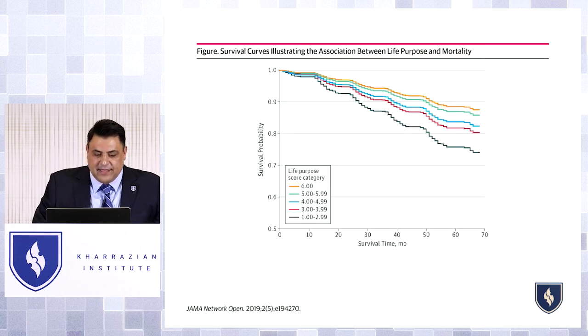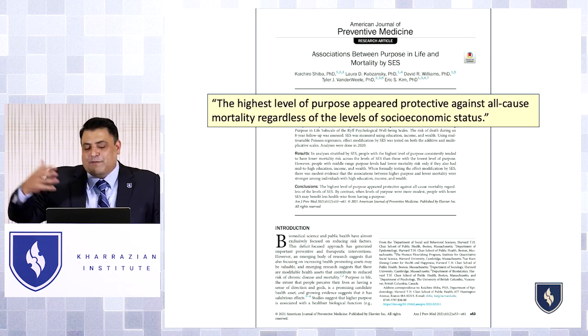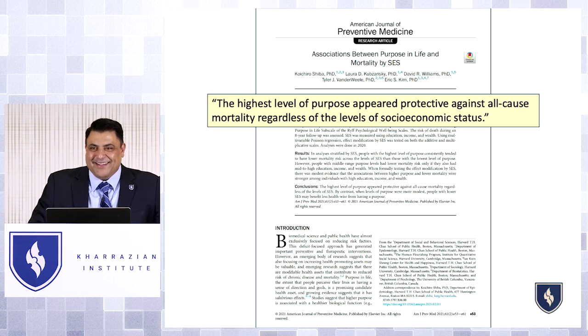They looked at how strong their sense of purpose was, and they looked at survival probability and survival death, and they basically found the ones that had the highest sense of purpose in life are the ones that had the greatest longevity and the least all-cause mortality. That's really important. Being passionate about what you want to do in life makes a big difference. If you lose your purpose in life and you don't know what that is, that's not a good sign. If you're not social, that's not a good sign. These things are even more profound than quitting smoking or obesity.